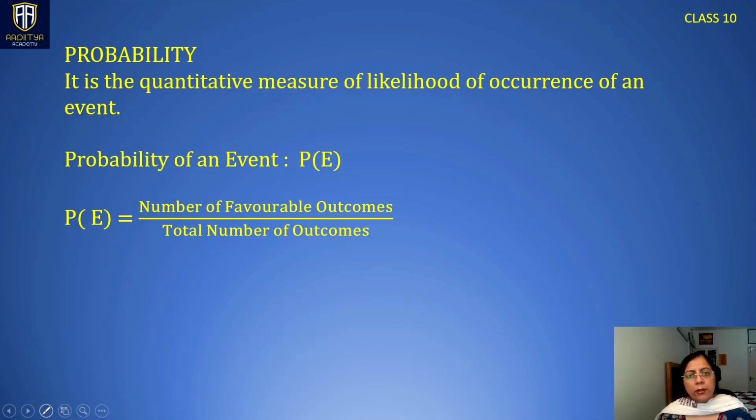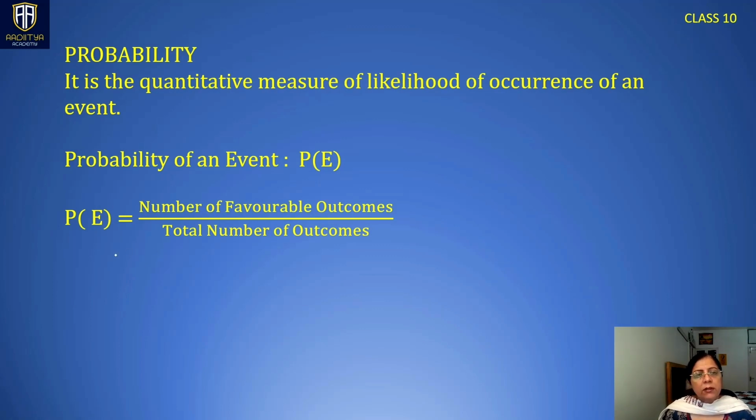When we are talking about probability, we are going to measure it in exact terms. And in this chapter, we are going to make mathematical measurements of those random experiments which are considered random in terms of mathematics. It is the quantitative measure of the likelihood of occurrence of an event.